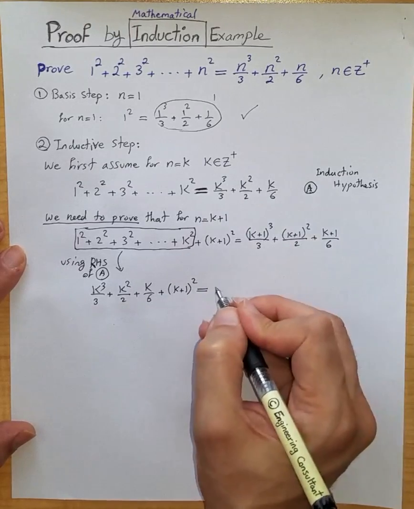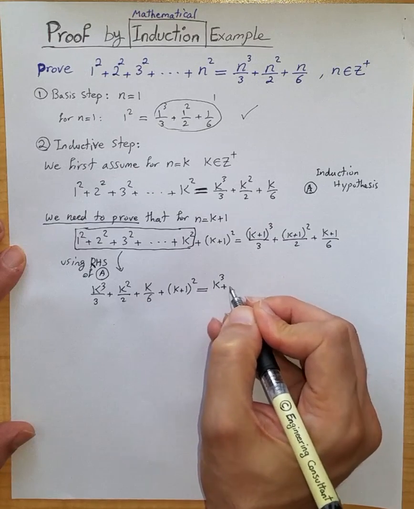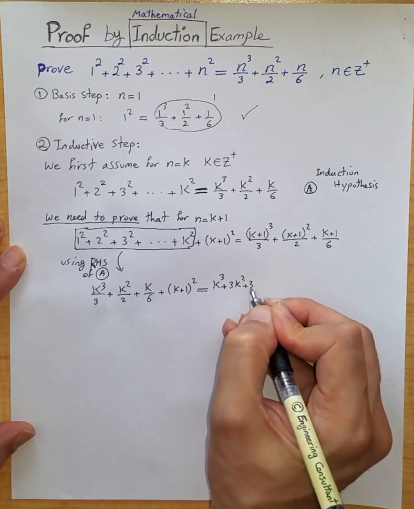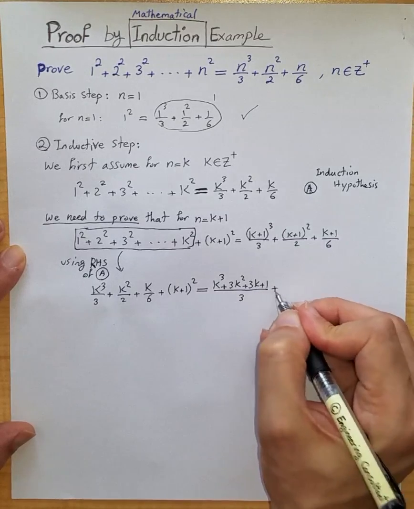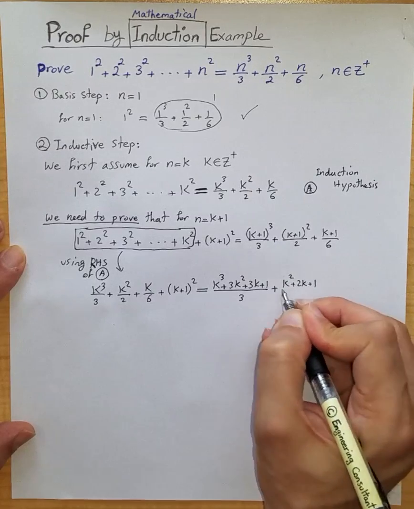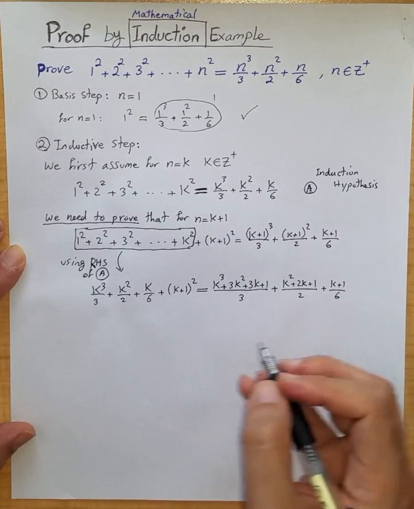So expanding this binomial, we have k cubed plus 3k squared plus 3k plus 1 divided by 3, plus k squared plus 2k plus 1 divided by 2, plus k plus 1 over 6.